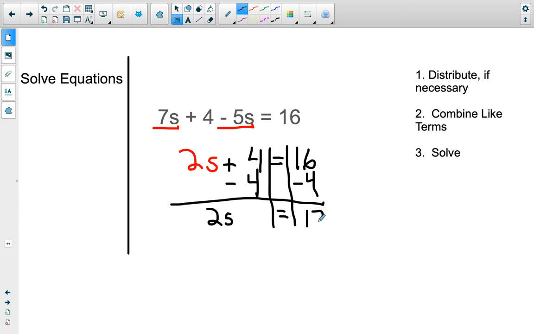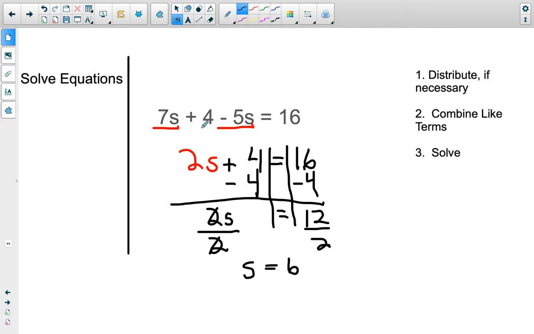16 minus 4 is 12. Divide both sides by 2 to get that S by itself. And I get S is equal to 6.